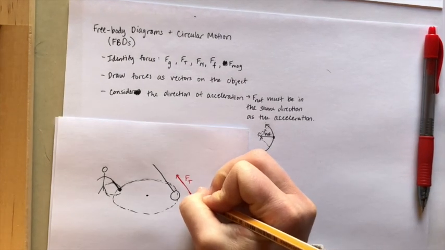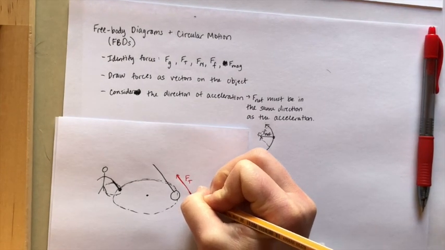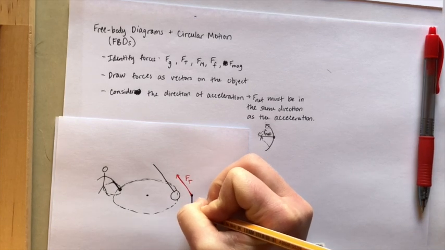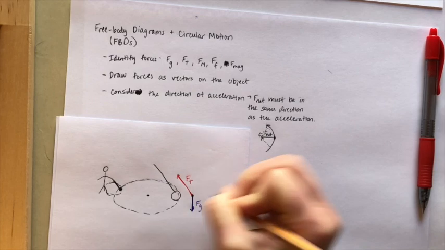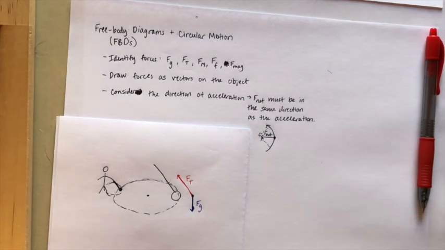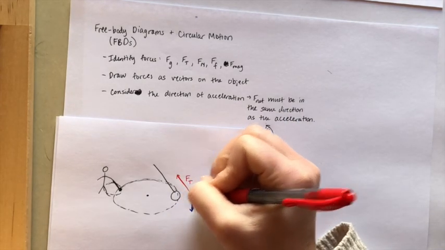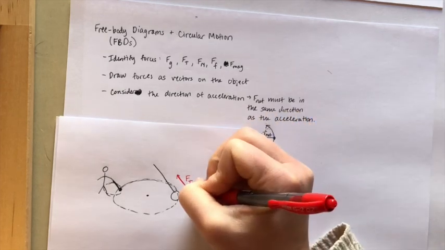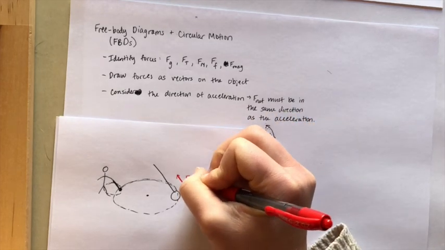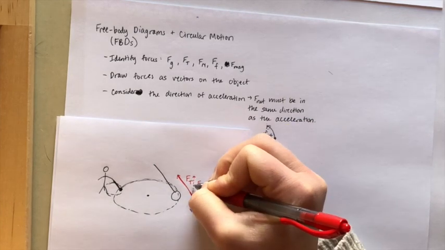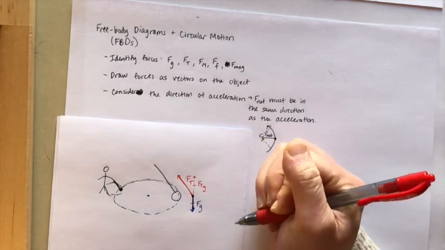So the question might be, where is that inward-seeking force that causes the object to change its direction? The component forces that we learned in the forces unit still apply here. If I break this diagonal tension force into its components, it's going to have an upward tension force, Fty, and that should be the same length as the gravitational force.